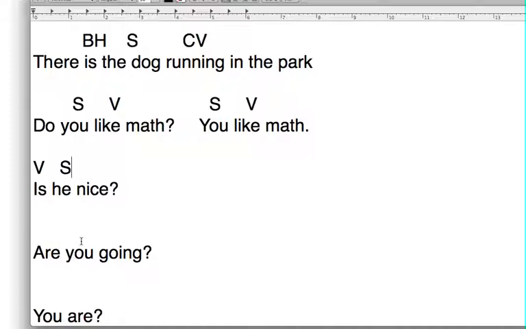Instead of stating you are going, we're asking the question, are you going? So are is going to be our be helper. Subject is going to be you, and the continuing verb is going to be going. Again, the subject might come in between the be helper and the continuing verb when we write a question.